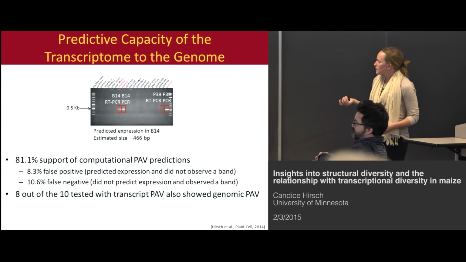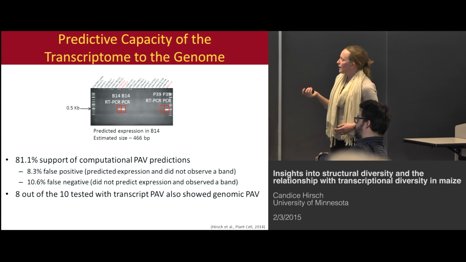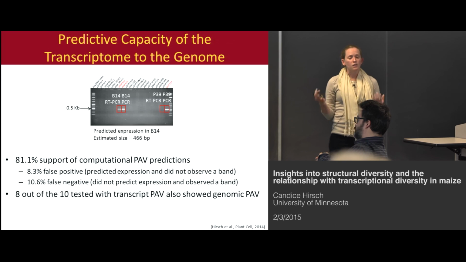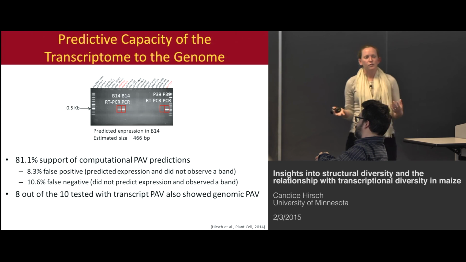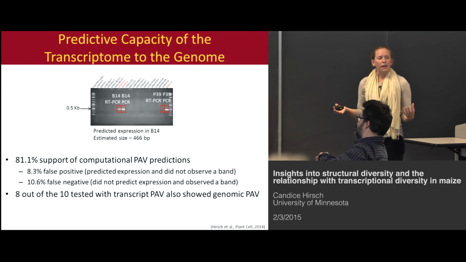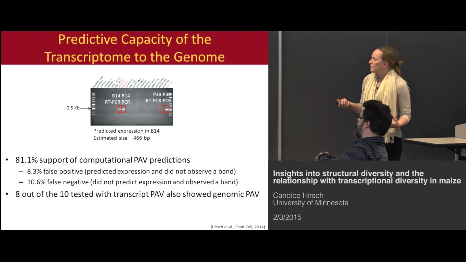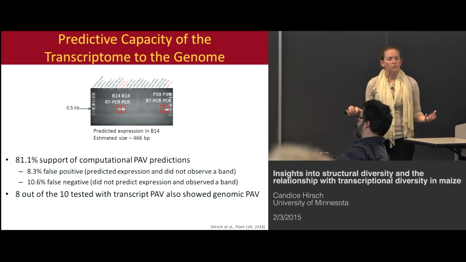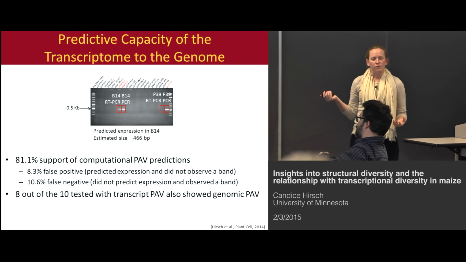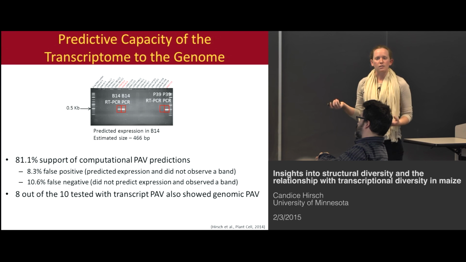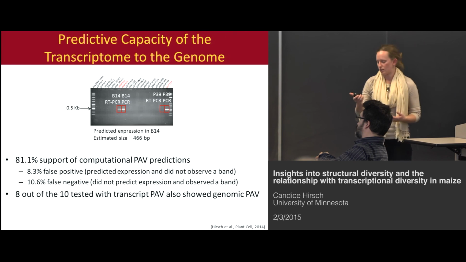But what is quite exciting is that for 8 out of the 10 that we tested with transcript presence-absence, they also showed some level of genomic presence-absence. And so this gives us some level of inkling that this is actually quite important for transcriptional variation and possibly in some of the phenotypes we're seeing where transcript variation is associated with traits, it may be structural variation that's underlying it.